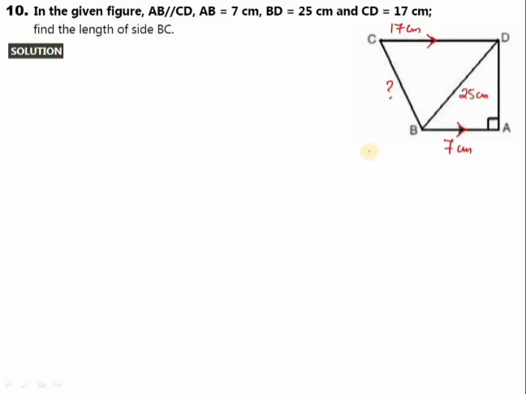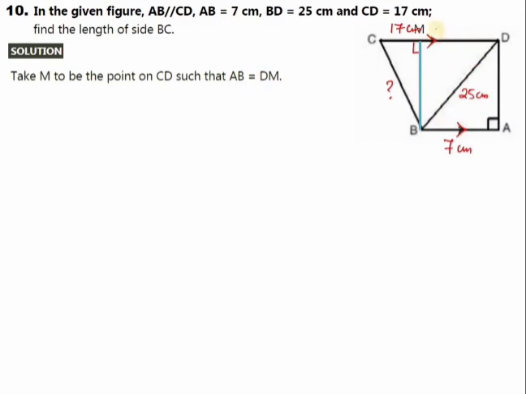So let's see how to do this. I'll just draw a perpendicular. So BM is a perpendicular on CD. Take M to be a point on CD such that AB is equal to DM. Remember AB is equal to DM.